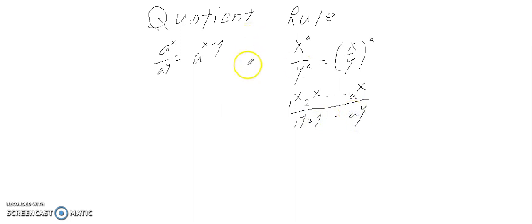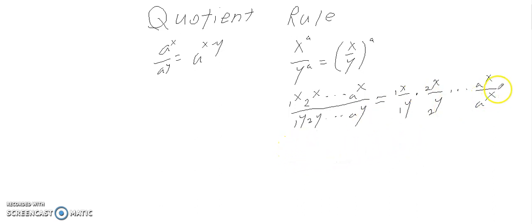ay. So you can actually rewrite this then as 1x over 1y times 2x's over 2y's, and keep going till you get to ax over ay. So as you see, there's actually the same number of x over y, so you can actually rewrite it again.